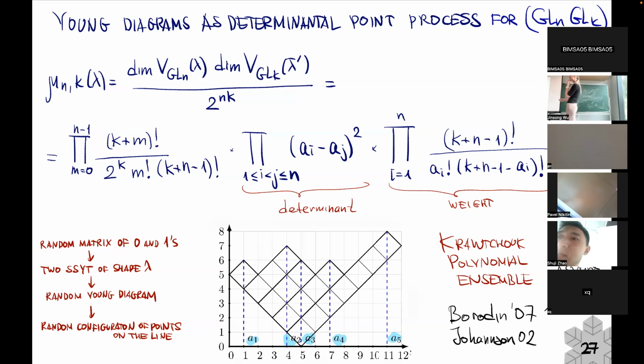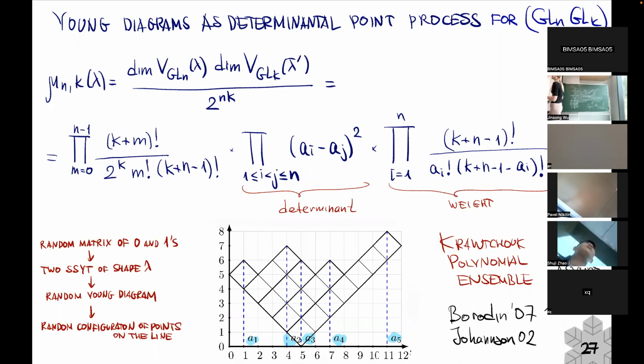So if you consider this measure, and you also put the dimension, you can finally see that here we have the determinant, and here we have the weight. And actually, this is the binomial coefficient, and this weight corresponds to Kravchuk polynomials. So that is a nice actual fact that allowed us actually to calculate also different asymptotics. But this is the approach of Borodin and Gorin.